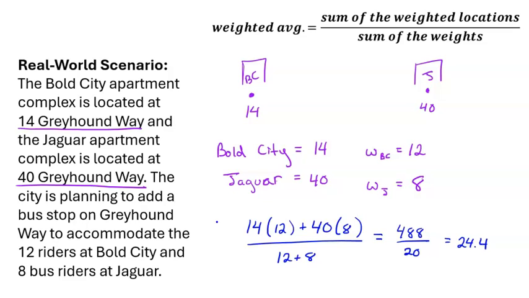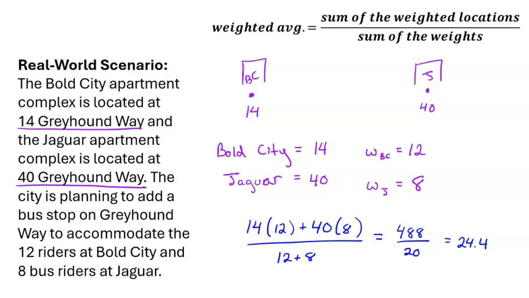Okay. And so thinking about what this looks like on a street, there is no address that's going to be 24.4, right? It's going to be a whole number. So when we're thinking about where we're placing a bus stop, if these were just houses on a street, that means at 24.4, the bus stop is going to be between 2 different houses.